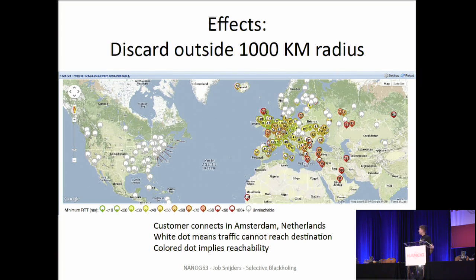And you can see that, indeed, all the American probes could no longer reach the IP address which was originated in Amsterdam, and they were outside a 1,000-kilometer scope. But within Europe, within a 1,000-kilometer radius, it worked roughly.